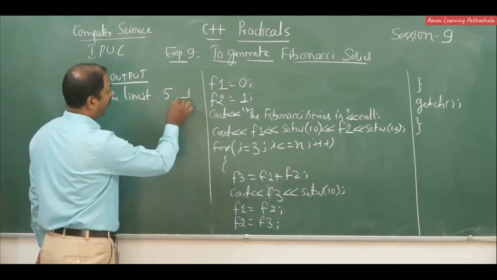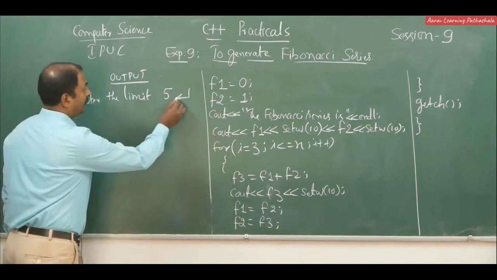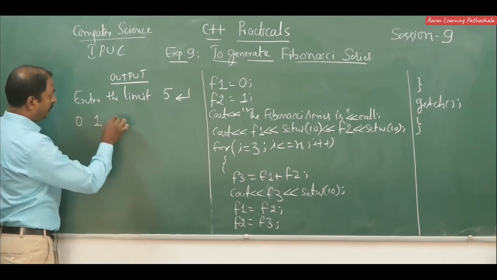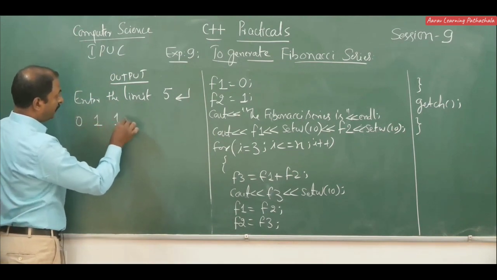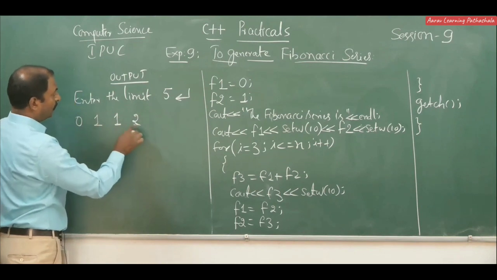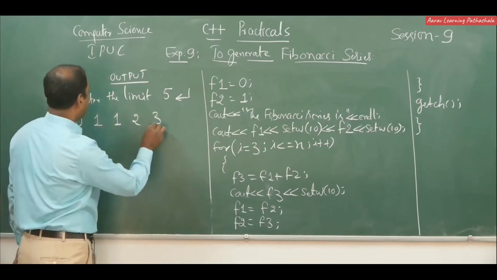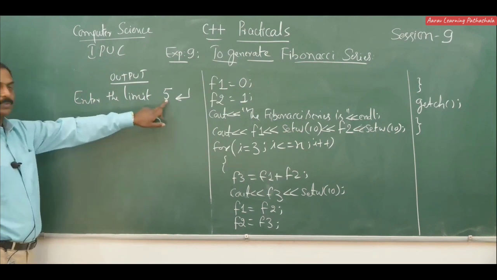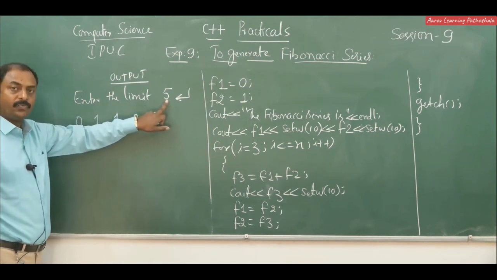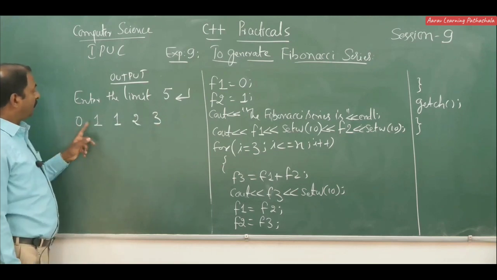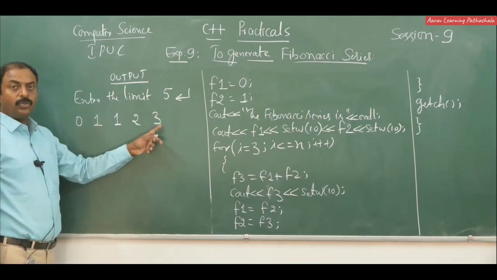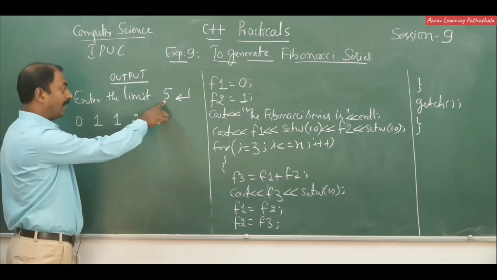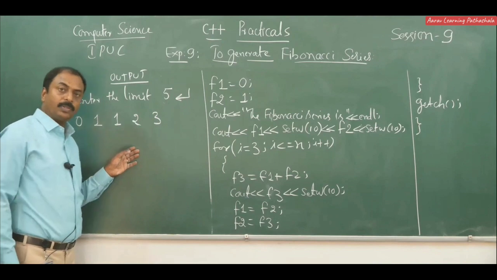If I say 5 and press the enter key, then it generates the series starting with 0, 1, next term is 1, 1 plus 1 is 2, 2 plus 1 is 3. So it stops at the 5th term, up to the given limit n equals 5. This is the output of the program.